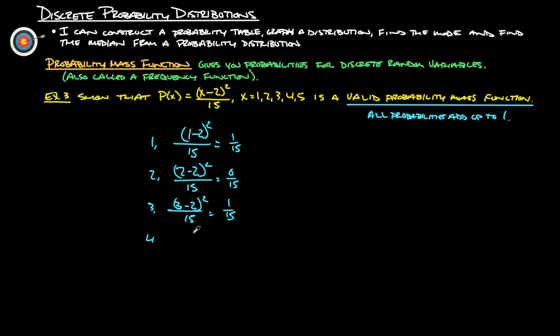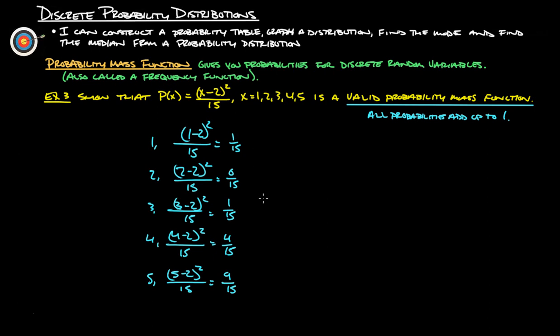Let's make this a little cleaner. 4 minus 2 squared over 15. 4 minus 2 is 2. 2 squared is 4 out of 15. And then for number 5, we would do 5 minus 2 squared over 15. 5 minus 2 is 3. 3 squared is 9/15.